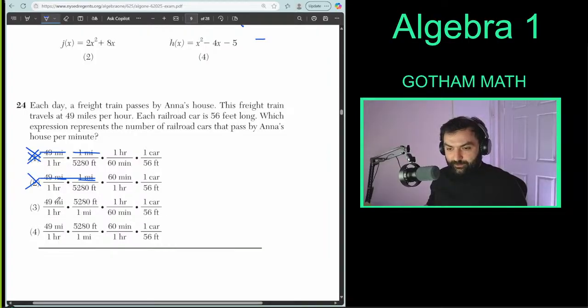Hours good, feet good, miles. Okay, so this can potentially be the right answer. Miles, feet, minutes, car, hour, miles. No, this is not the answer. Look at this, hour. That's it. It's 3, guys. How about that? I didn't even read the question.